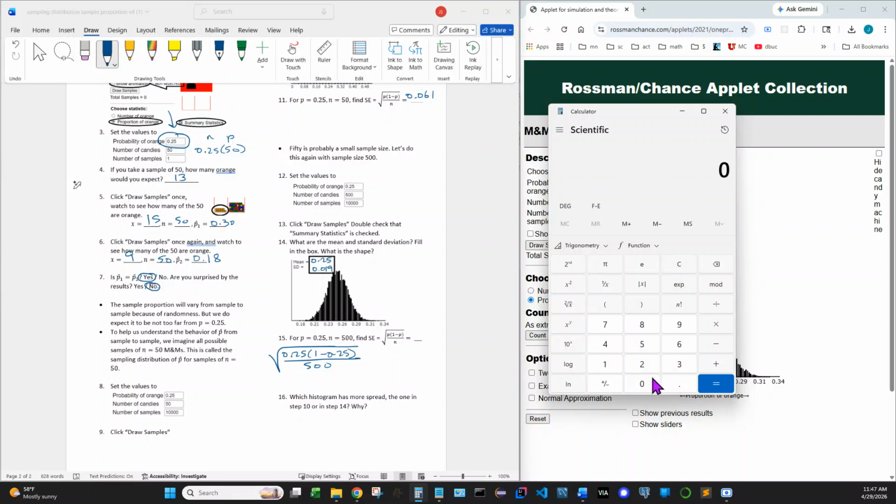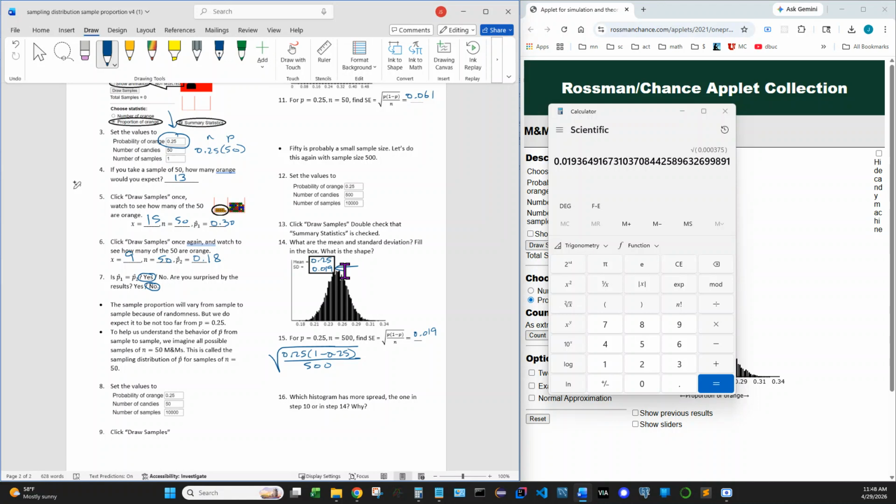Do that again. So 0.25 times 1 minus 0.25, which is 0.75. Forgot to divide first. So we have to divide that by 500. Then we take the square root of that, 0.019, which is agreeing perfectly with the empirical result that we got by using our website over there, right?